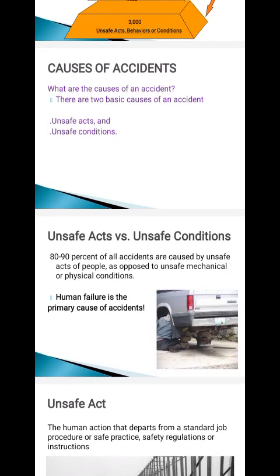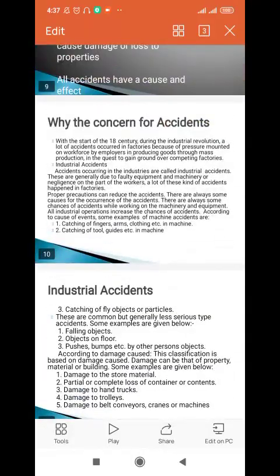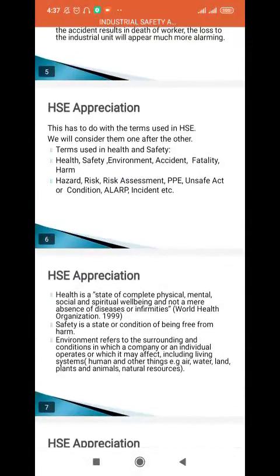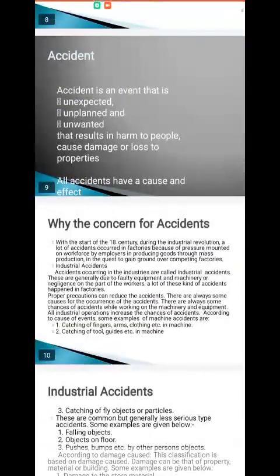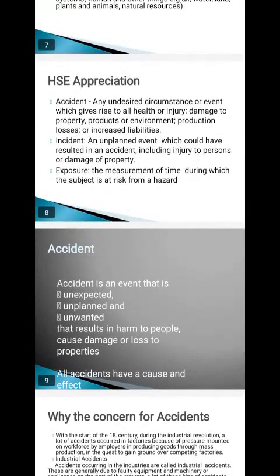An accident is an unwanted, unexpected event that results in injury, human injury, damage to property, products or environmental damage, production losses, or increased liabilities.